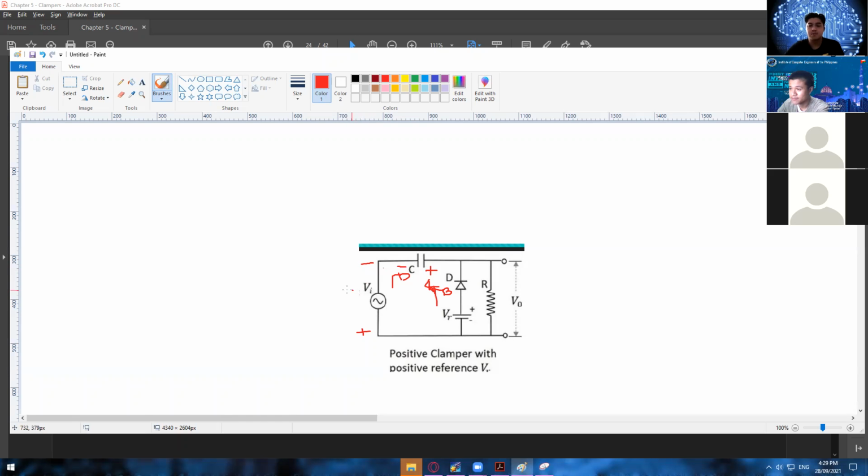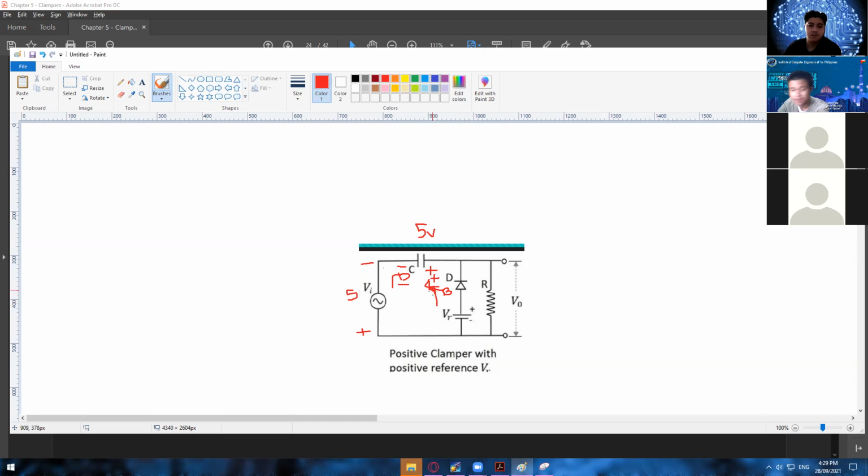So let's just say that VI is 5 volts, right? So we now have here 5 volts. And at the same time, this reference voltage will also flow on this capacitor. If you take a look at the polarity, this will be positively charged and then negatively discharged.